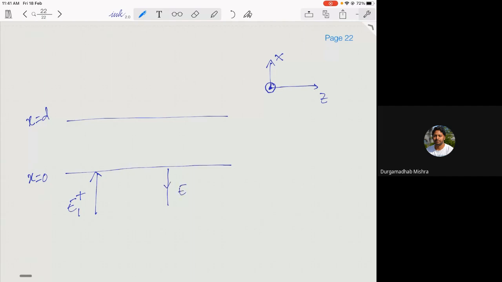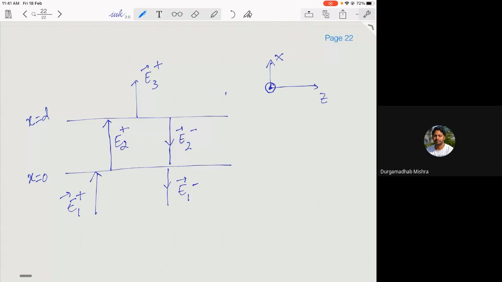There is one incident wave, E1 plus, as we call it, and then the electric field that is reflected back, which we call E1 minus. Similarly in this medium there will be an electric field E2 plus, then a reflection from this, E2 minus, and eventually there will be an electric field that is transmitted, E3 plus.